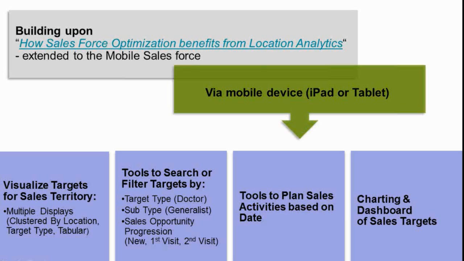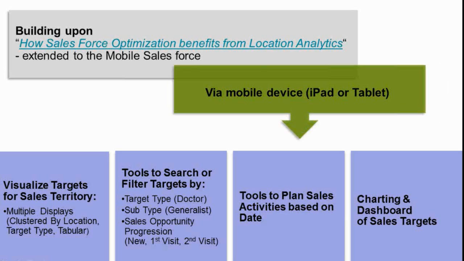And also by our sales opportunity progression workflow metrics that we have in our CRM system. Things like a new contact, a first visit, a second visit, a workflow of our sales opportunity progression, and how we can filter the visual view across the different displays, whether that's the map view or the tabular view, based on these tools.